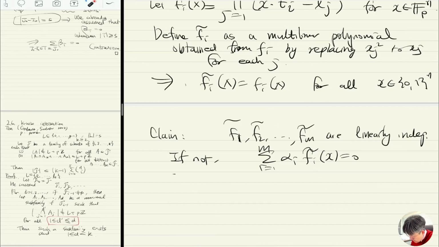Now, put x to be S_j. Okay, let's choose I such that we choose a minimum I such that alpha_i is non-zero.